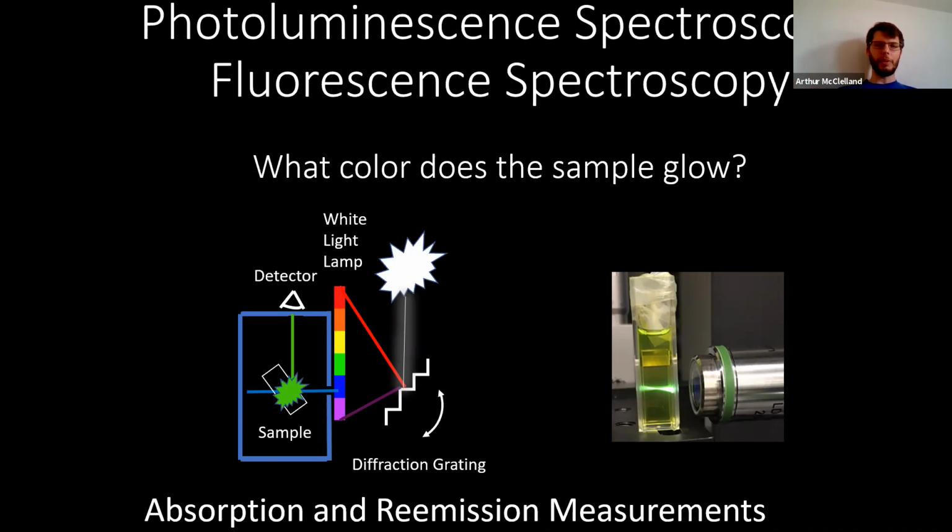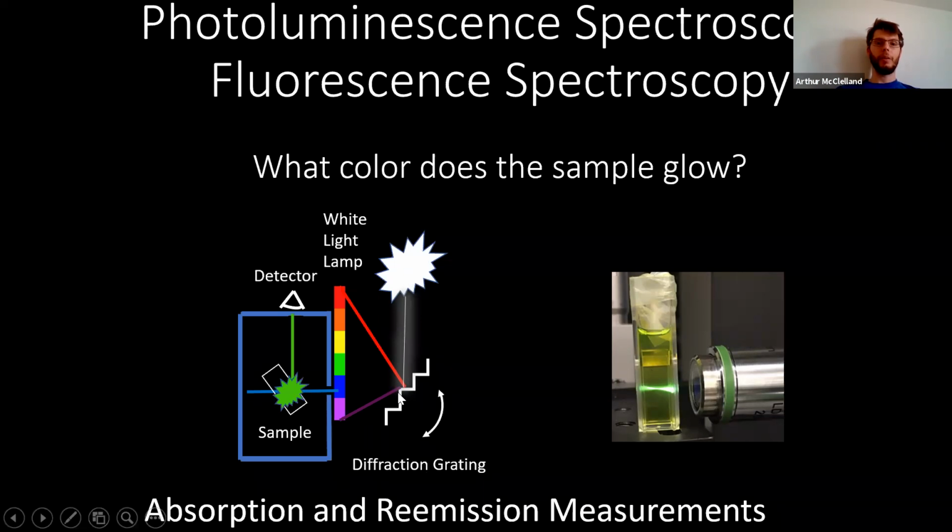You shine light on a sample, it absorbs the light, it re-emits light of a different color. So what color does the sample glow? Here I have a picture of some fluorescent dye, just with some blue laser light coming in, and we get a nice green fluorescence coming out. To measure the photoluminescence or fluorescence, we could again do it with our monochromator.